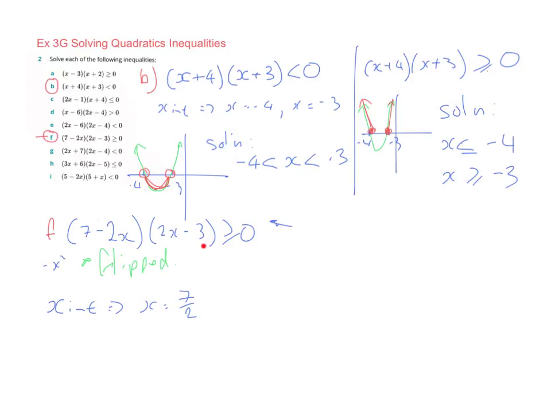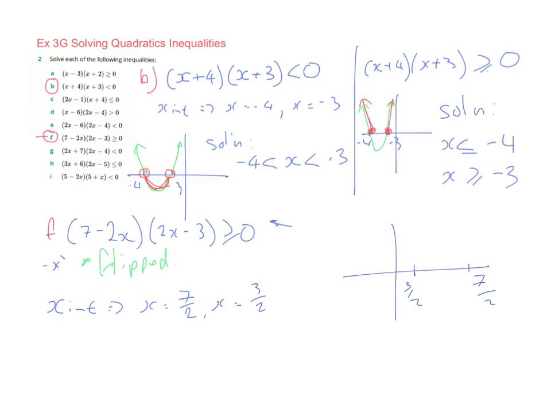If I rearrange this one, I get my 3 over to that side, so it's +3 divided by 2, so I get 3 over 2. So there's my two x-intercepts. Now if I draw my graph, I'm going to have 3 over 2 here and 7 over 2 here.